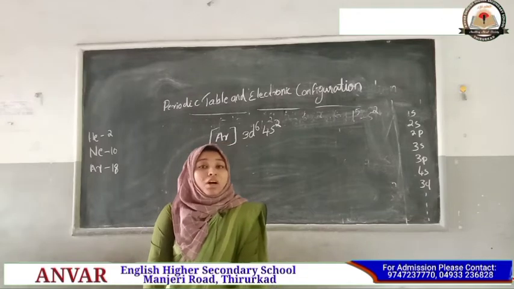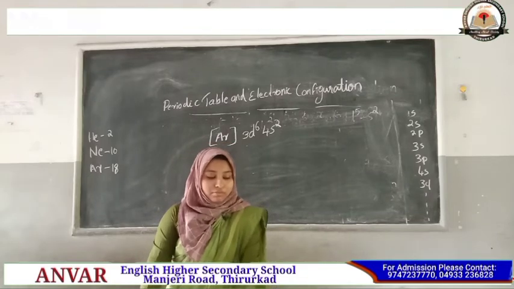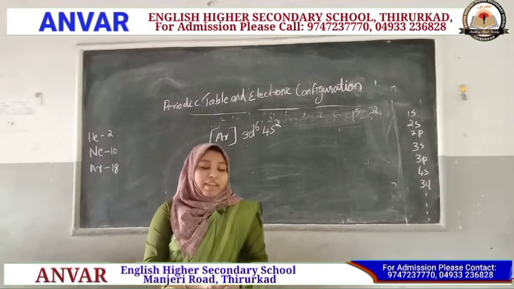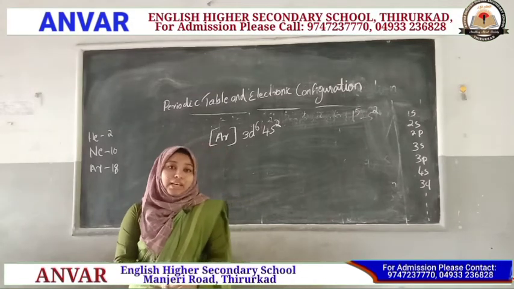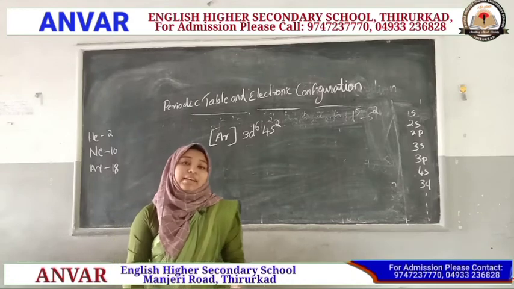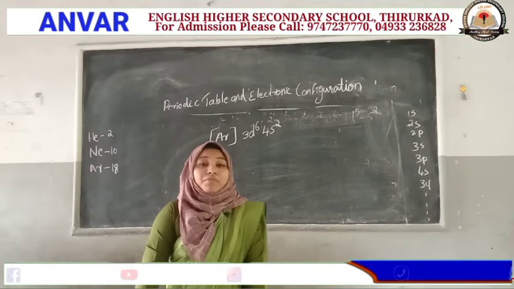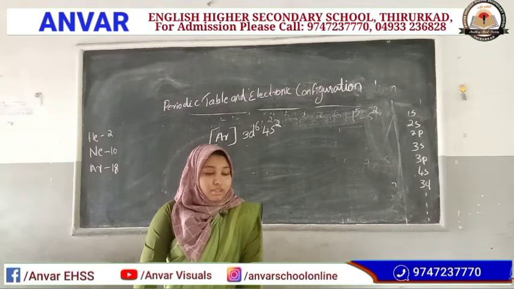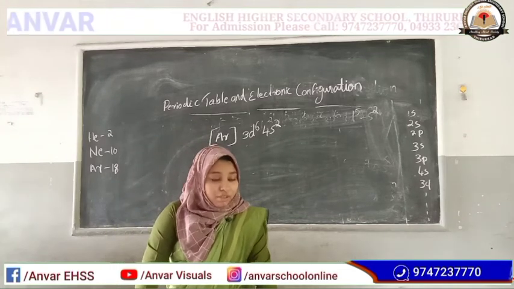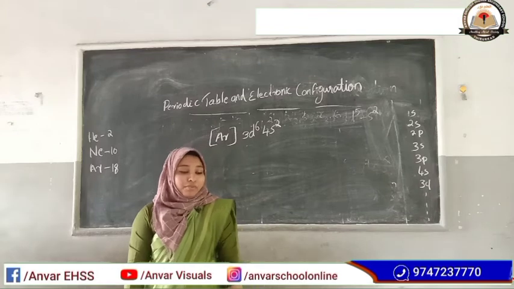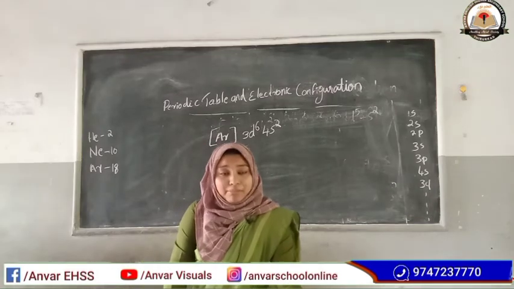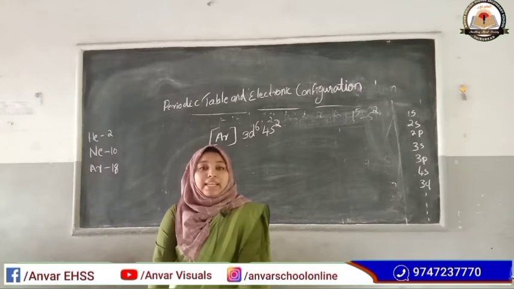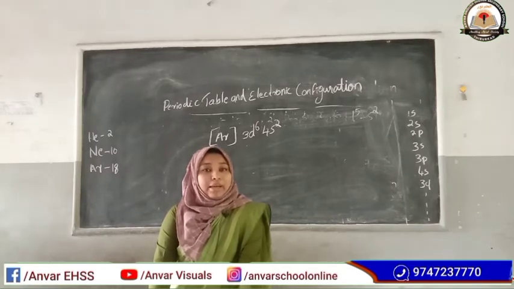Find the total number of s electrons of the element. First we write all the questions, then we answer. Okay, so I repeat once more: find the total number of s electrons of the element.